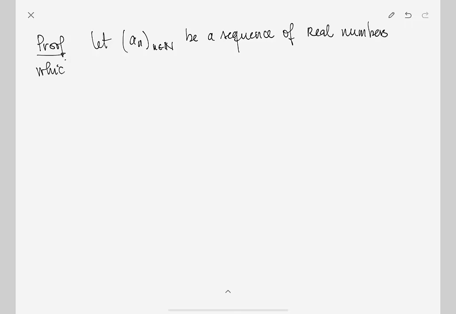Okay, now regarding the proof. First, let us start with a sequence. Let a_n be a sequence of real numbers which is bounded.